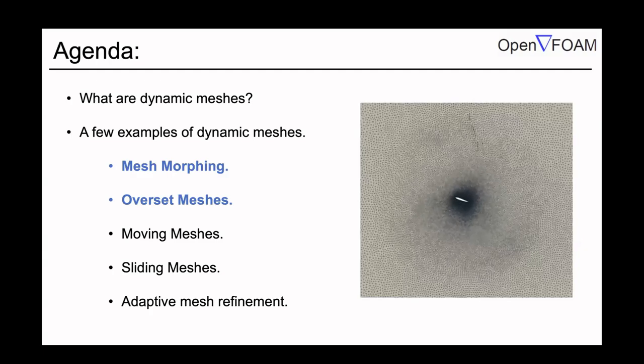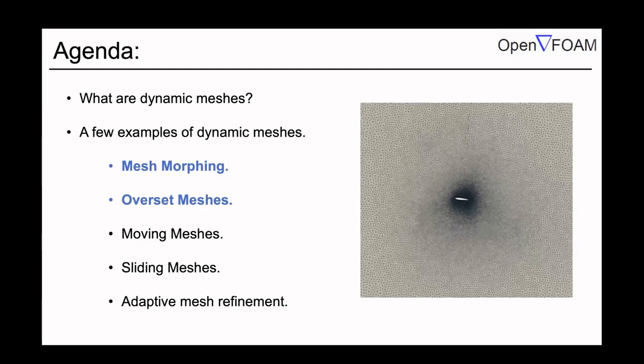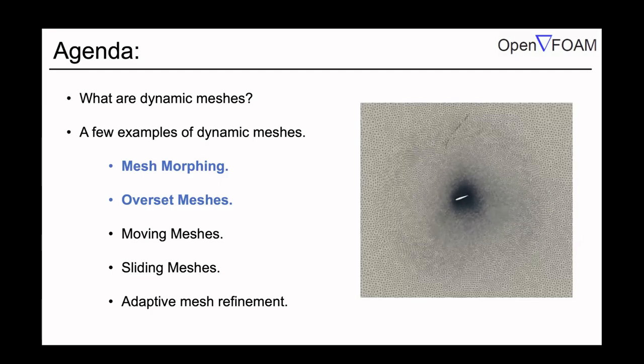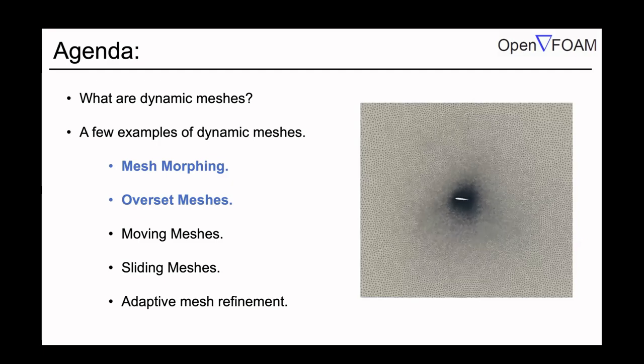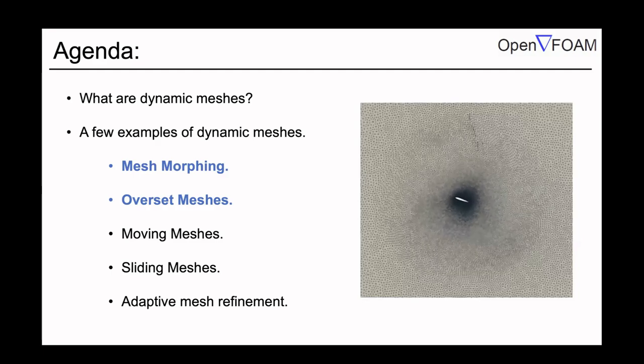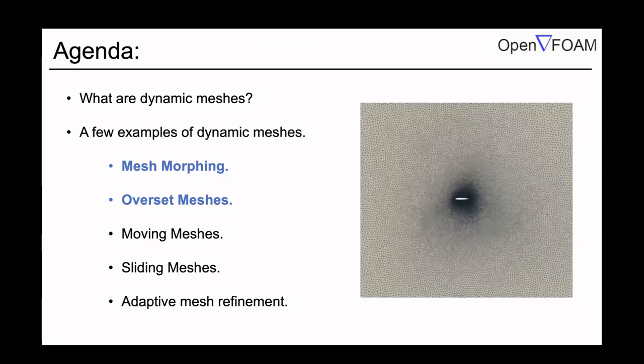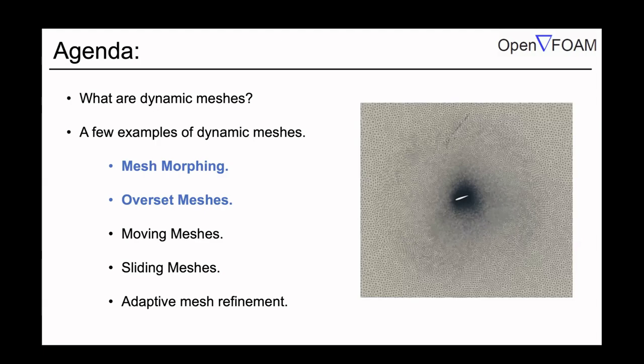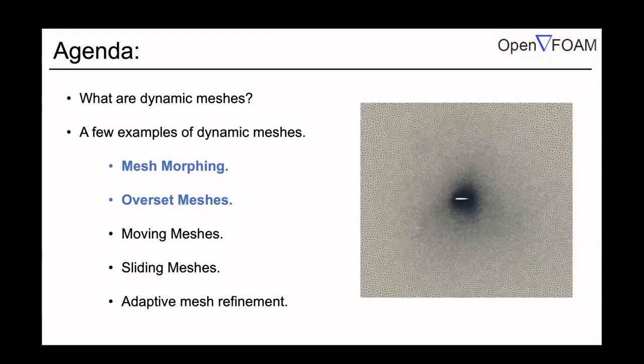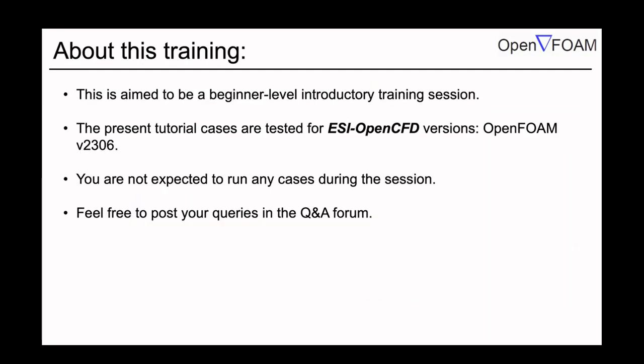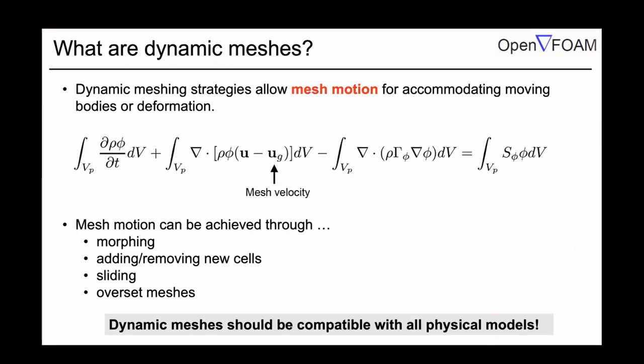At the intersection, we can define an inner zone and outer zone, and we can morph or deform the mesh by solving a diffusion equation, so a Laplacian equation. This belongs to the class of the first problem, mesh morphing. I will mostly concentrate on mesh morphing and overset mesh to give you a brief overview.